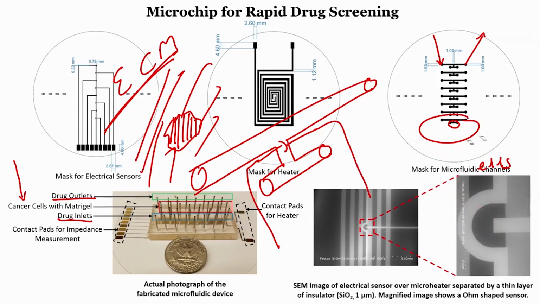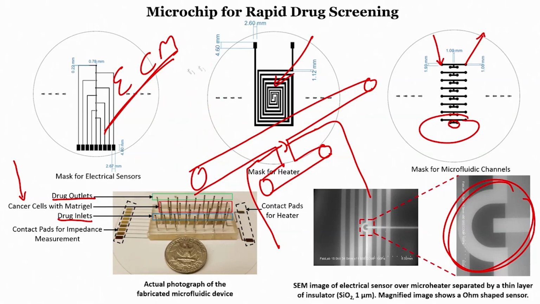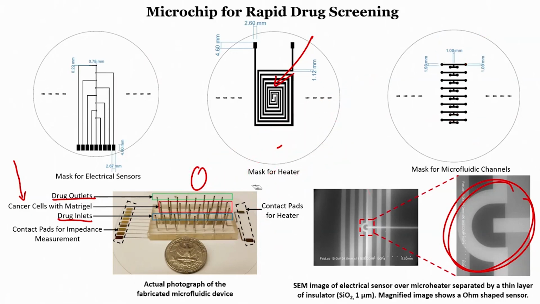Which one? The one which is here, right. Below this channel there are interdigitated electrodes. Below the interdigitated electrodes there is an insulator, and below the insulator there is a heater. You got it? So, the first layer is your heater, the second layer is your insulator, the third layer is your interdigitated electrodes, and the fourth layer would be your channels made out of PDMS.